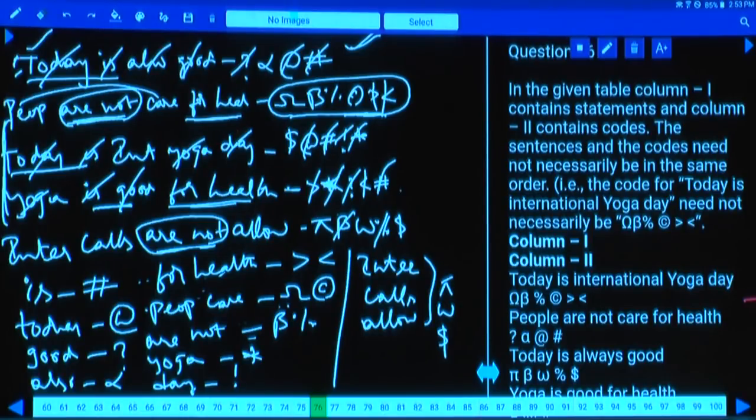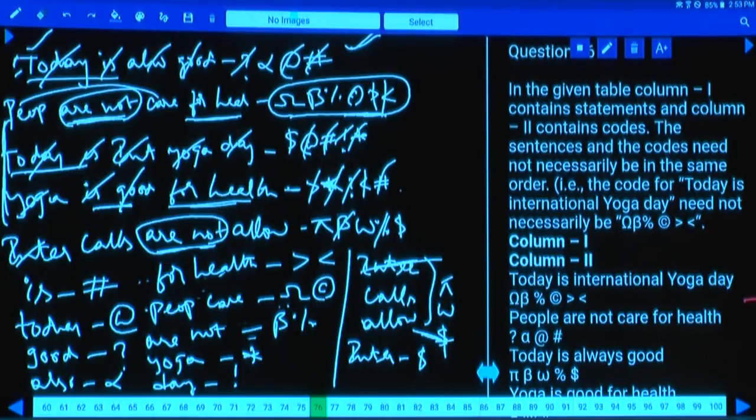And international. How can you identify this one, international? Common between international is here and here, international today. Now international is what? International is dollar. If international is dollar, the code for this one must be calls and allowed must be pi and W in any order. Clear?